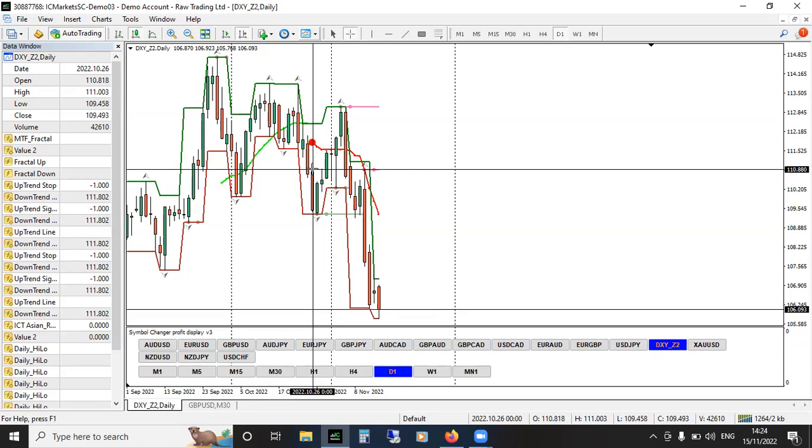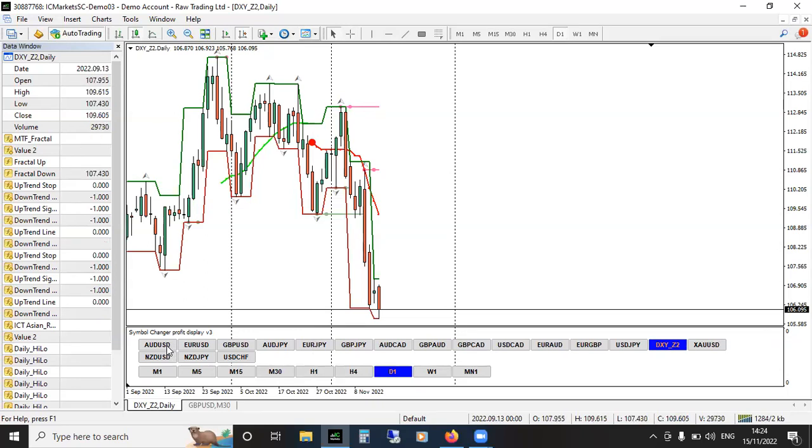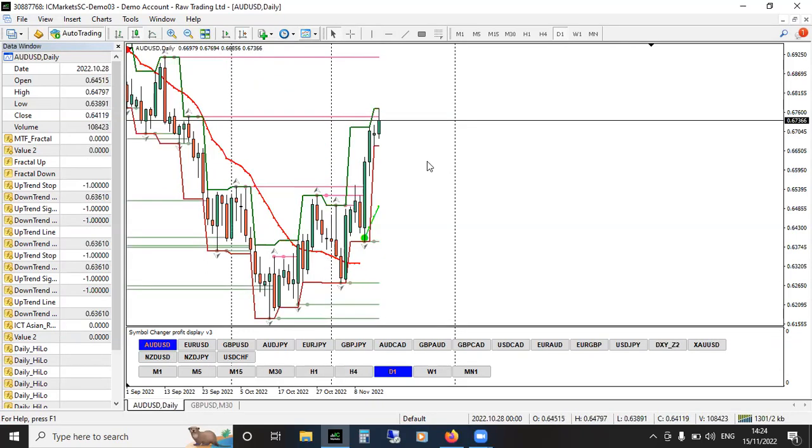So let's look at AUD/USD. AUD/USD was one that, if you don't look at DXY, would have been tricky to trade because AUD was still bearish even after USD had turned bullish.